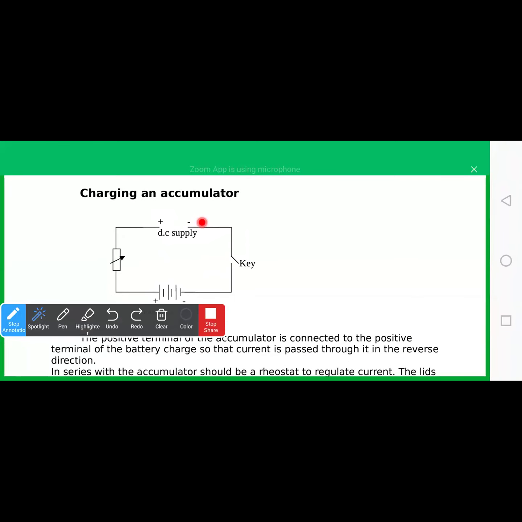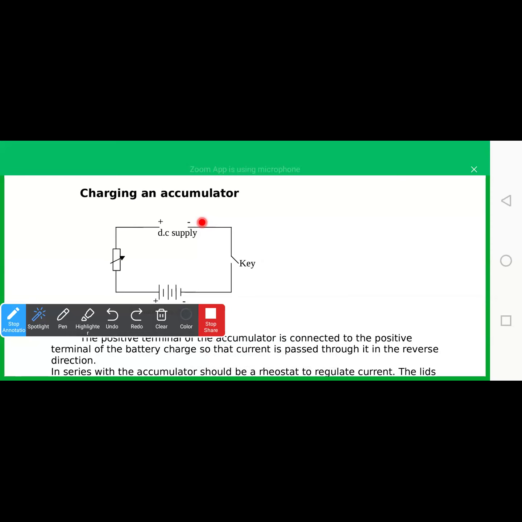When there is loss in negative charges, what happens? Deficiency of negative charge means what? It means more positive.